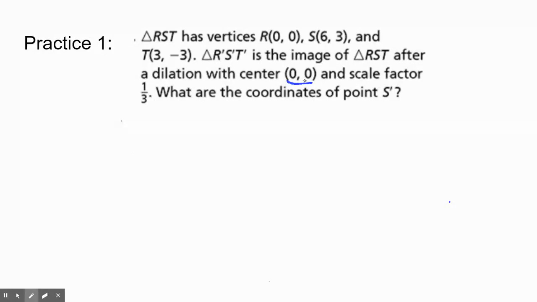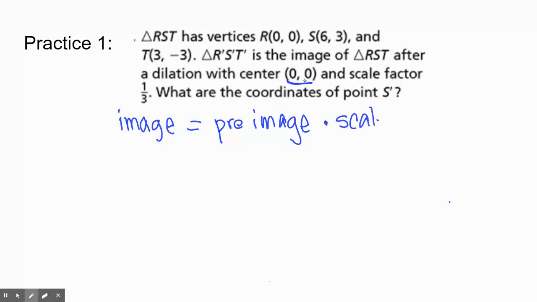So we know to find the image coordinates, we need to multiply the pre-image coordinates times the scale factor R. Let me identify these things.